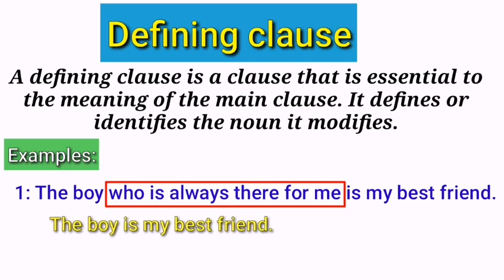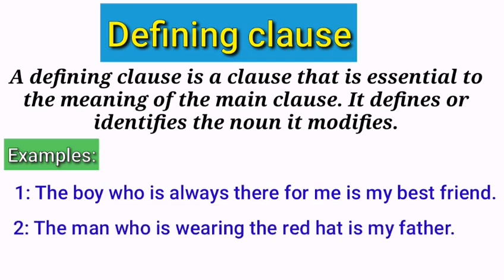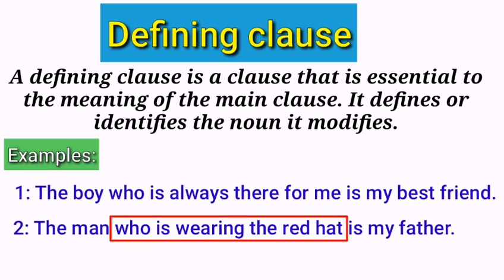The next example is, the man who is wearing the red hat is my father. Look at this example, the group of words, who is wearing the red hat, is a defining clause. Basically, this group of words modifies the noun phrase, the man, and the next point is, it is essential to the meaning of this sentence.